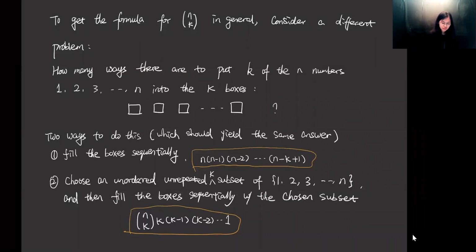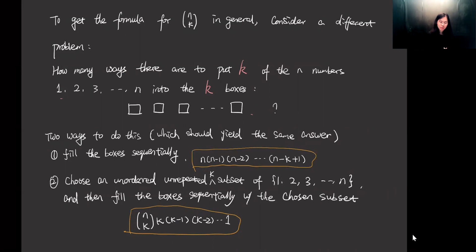The different problem is as follows. We want to figure out how many ways there are to put k of the n numbers into k boxes. These 2 k's are the same.